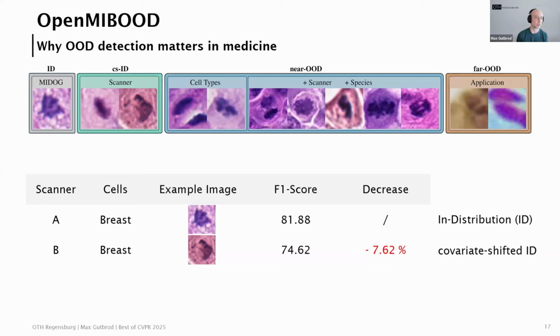And if we then evaluate on the near-OOD setting, and in this case, even on the setting where the only change is the cell type, so the cell type is skin cancer instead of breast cancer, we see a decrease of almost 17% in F1.